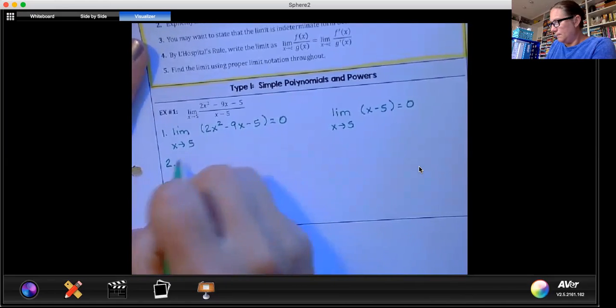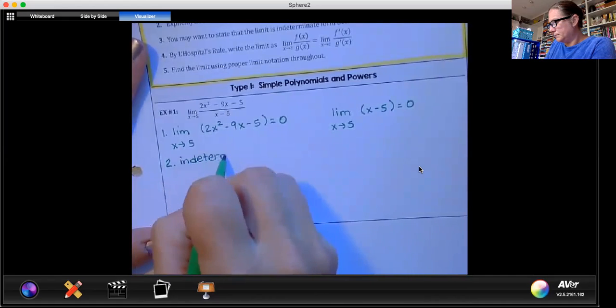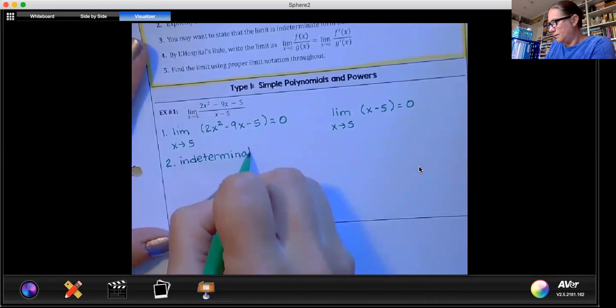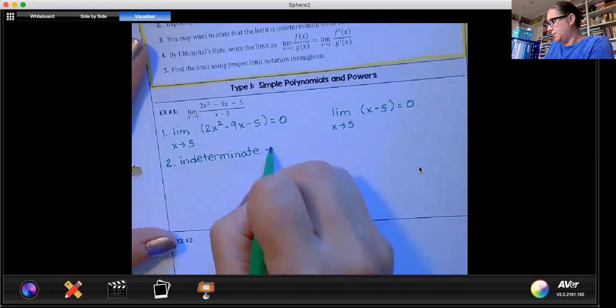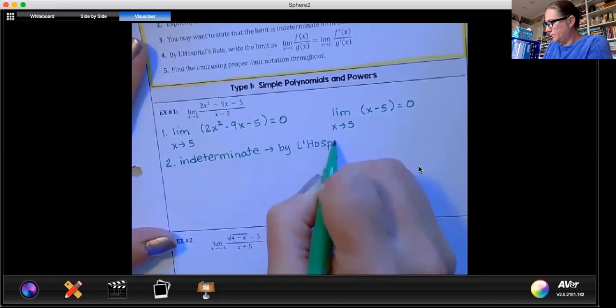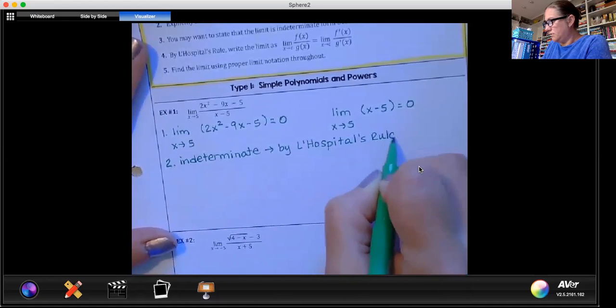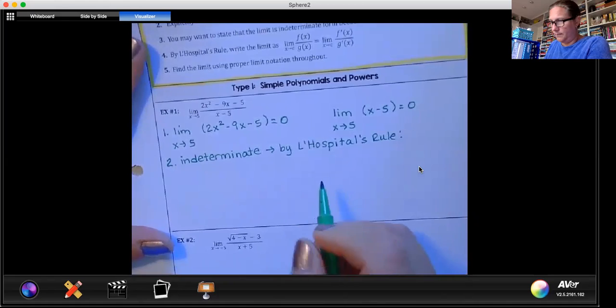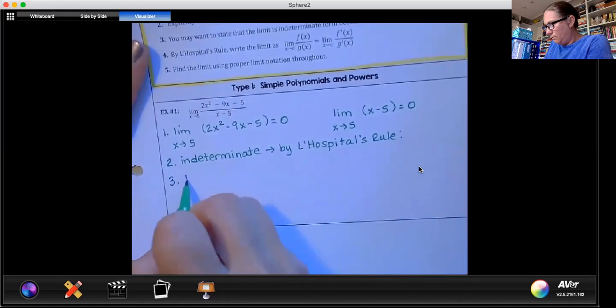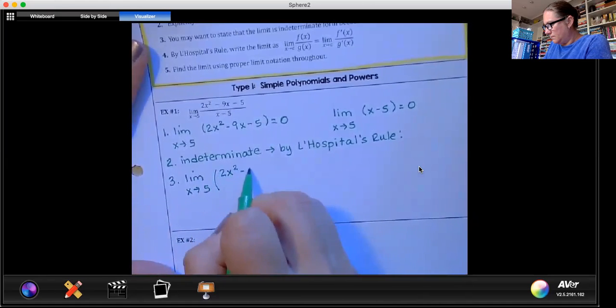So in step 2, we say that we are indeterminate, 0 over 0, so by L'Hopital's rule, and that's all you have to do for step 2, and you're going to do it for every one of them.